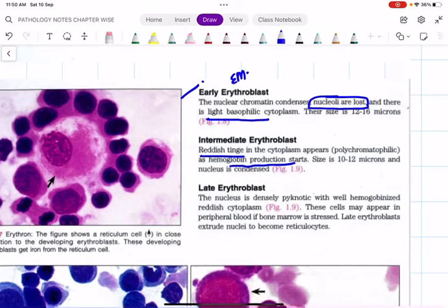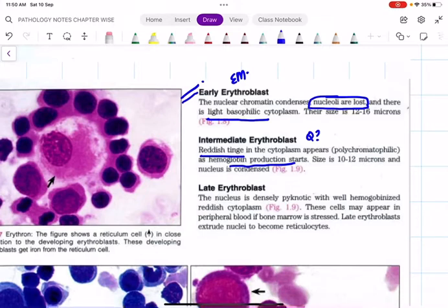If they ask in which stage the hemoglobin can be visualized using light microscopy, then your answer should be intermediate erythroblast. If the question asks which stage the hemoglobin starts to appear or can be detected by electron microscopy, your answer is early erythroblast. So depending upon the question, you are getting different answers: early erythroblast or intermediate erythroblast.